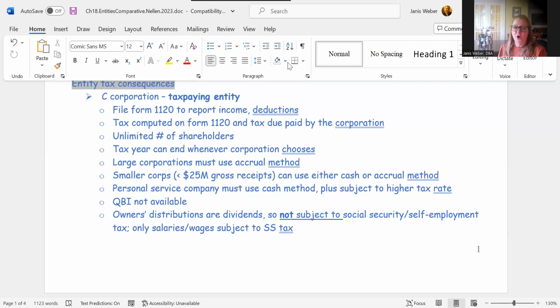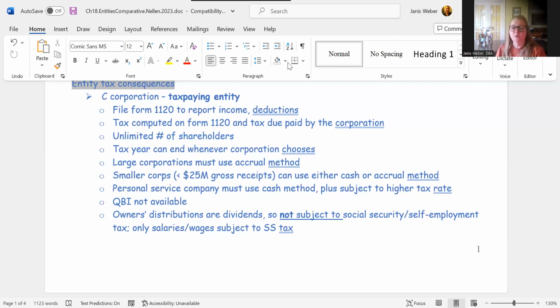For now, know that all the other entities can take this QBI deduction, and it generally amounts to 20% of the bottom line of their business income minus expenses. And then corporations, though, are not allowed that deduction. So when you're doing a comparison, that has to be factored in.